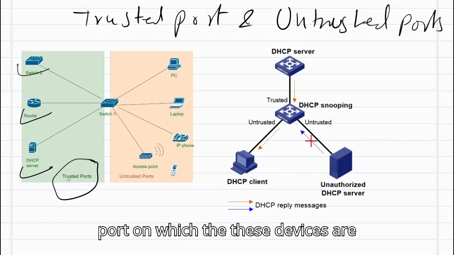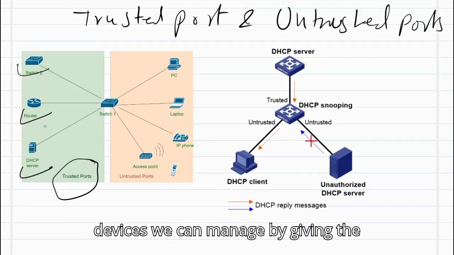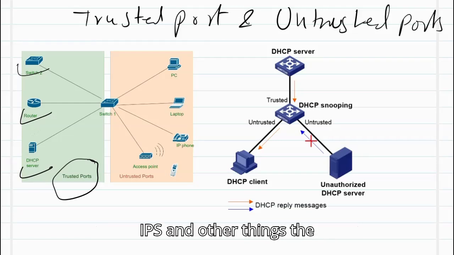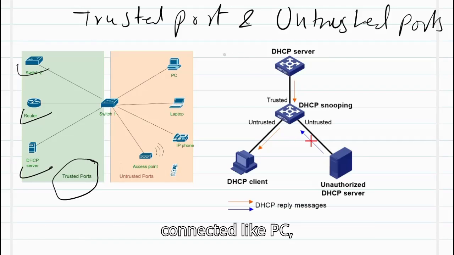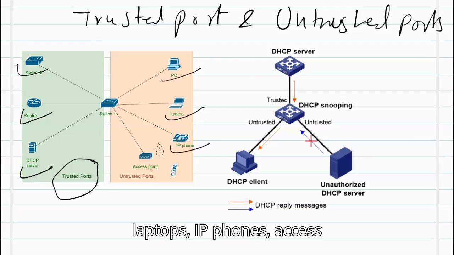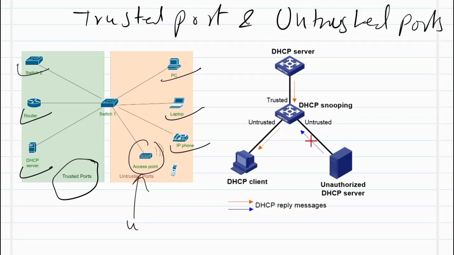This is the trusted port on which these devices are connected. These are the manageable devices we can manage by giving the IPs and other things. The ports on which the endpoint devices are connected, like PCs, laptops, iPhones, access points, are called untrusted ports.